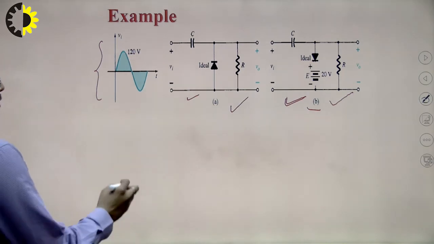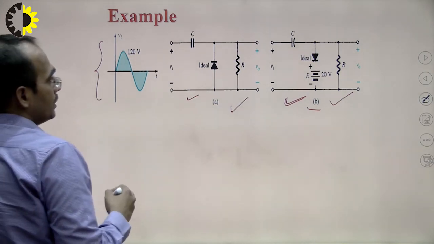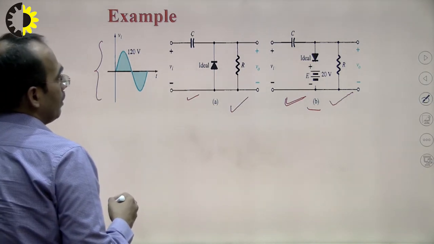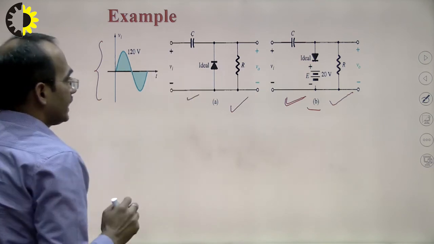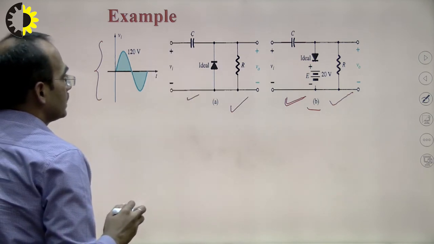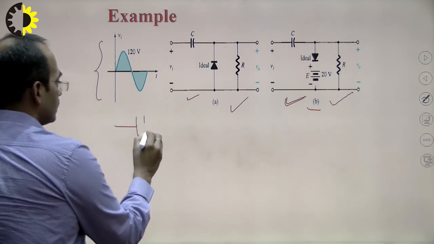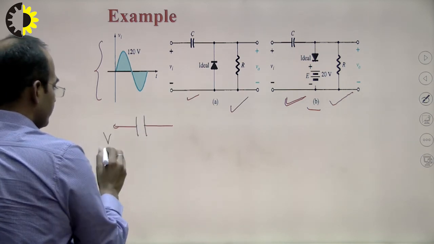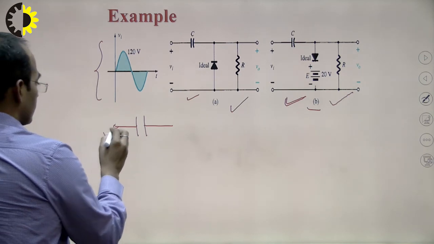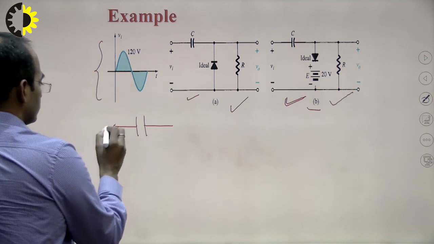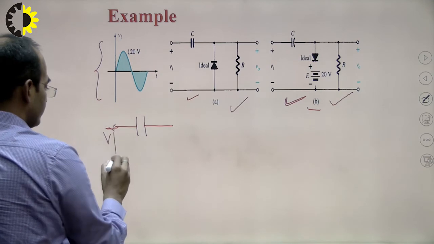Okay. So I will consider that half cycle in which this diode is forward bias. So for negative half cycle this diode will be forward bias. So the capacitor will charge negative, positive.